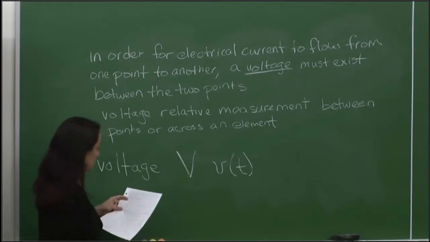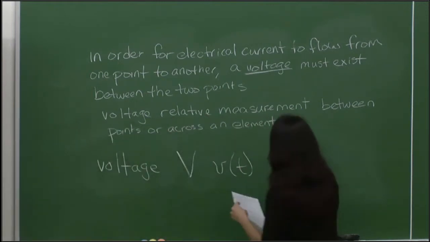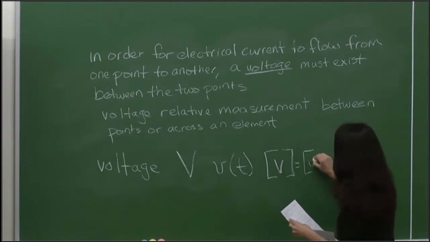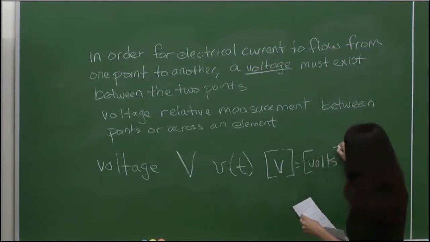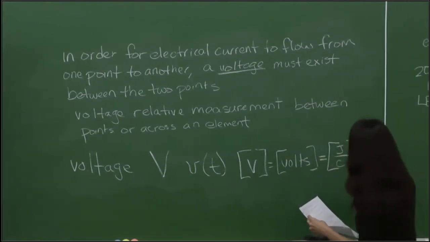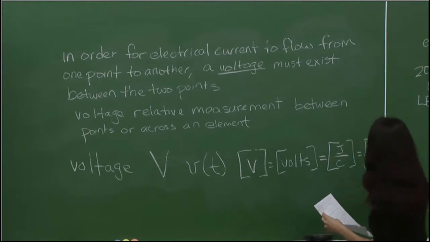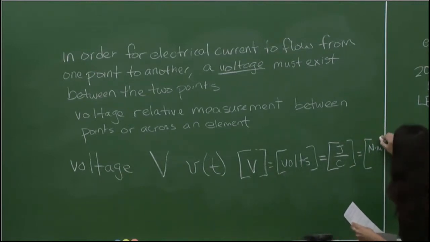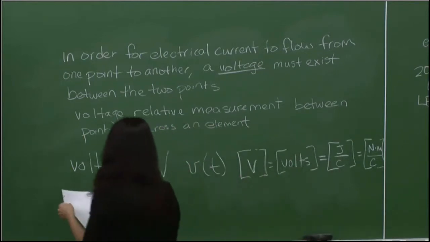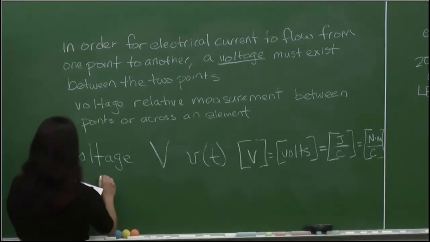So V, or v of t, units, volts, which is a joule per coulomb, which is a Newton meter per coulomb. In short terminology, a volt is the energy to move a unit charge between points.